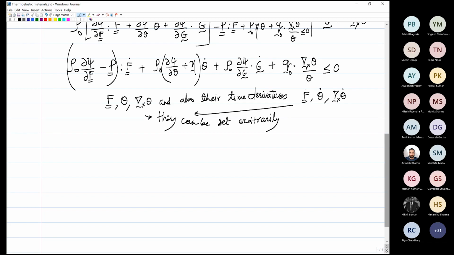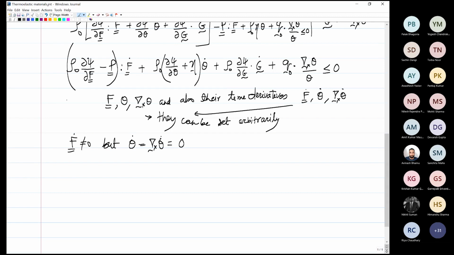Now, can you see what the implication of that will be? Suppose, for example, you have F dot not equal to 0, but theta dot and grad x theta dot are equal to 0.